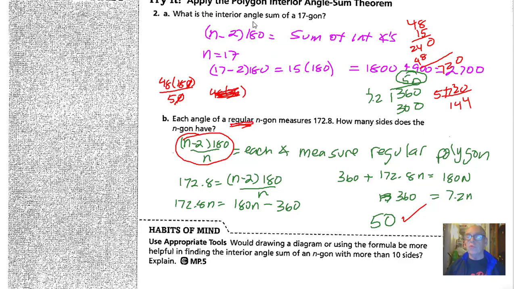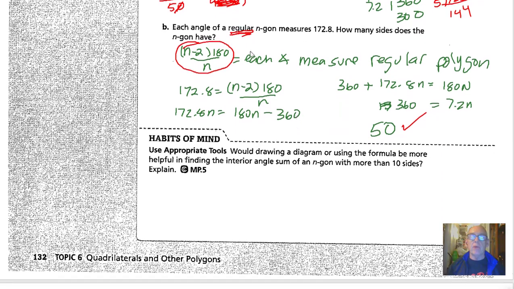So if we wanted to see if this was a regular 17-gon, we would have 17 equal angles that made the 2700. We could do 2700 divided by 17. Now, we'd probably end up with a decimal, but 2700 divided by 17 would be what each one of those 17 angles measured. But that only works if it's regular. Otherwise, we would just have to add up all the angles and make sure that the sums came out to be 2700 degrees. So that's what we're getting at in part B here.